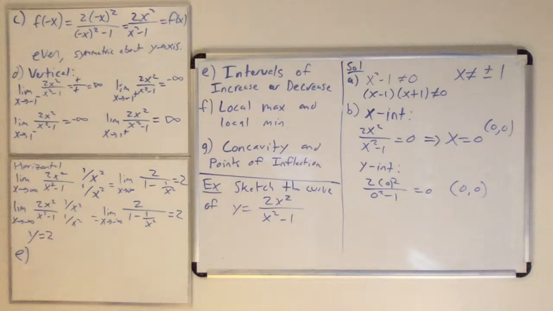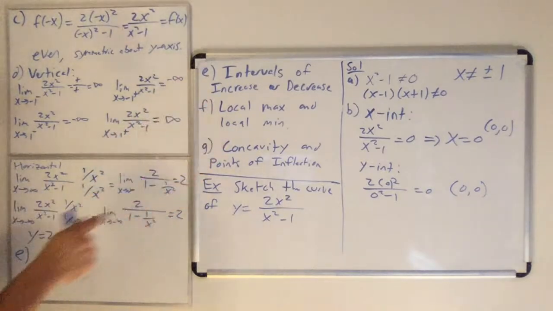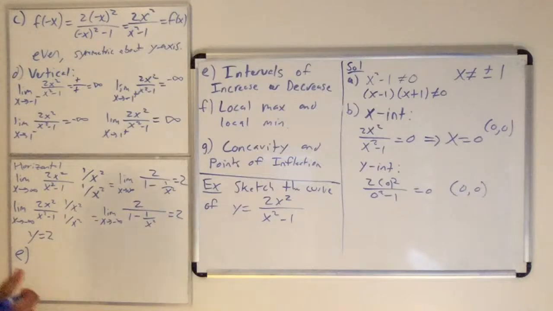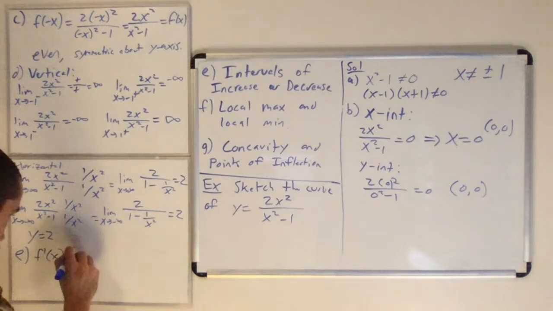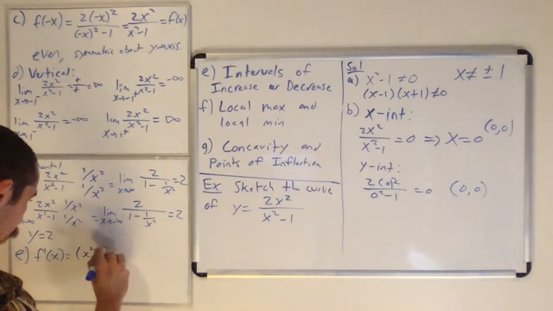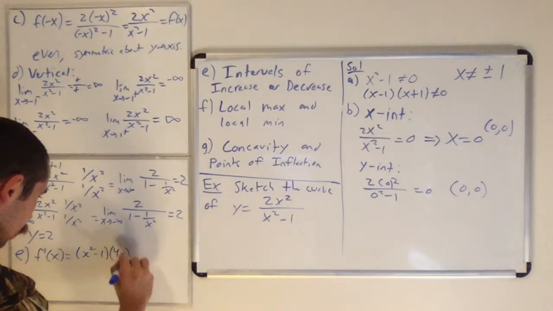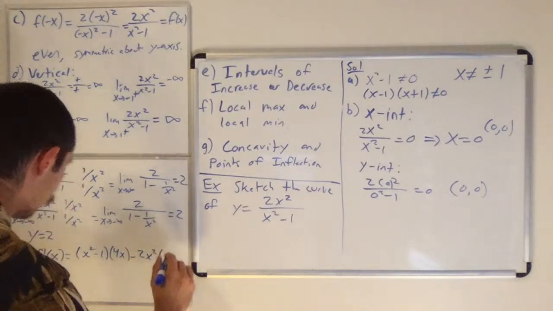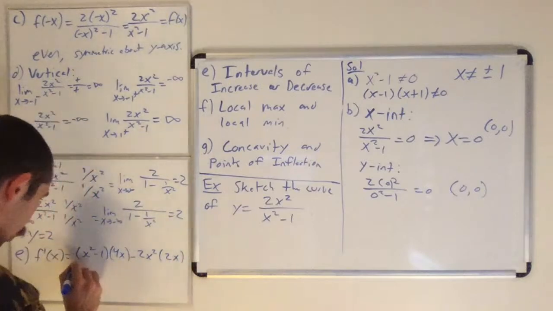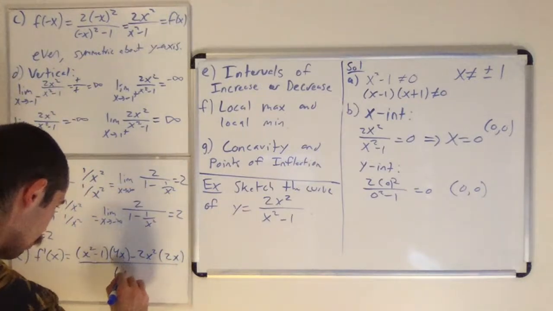So we need the derivative, right? To find when our function is increasing or decreasing, that requires the derivative. So we want to take the derivative of a quotient. And so that's the bottom times the derivative of the top minus the top times the derivative of the bottom all over the bottom squared.